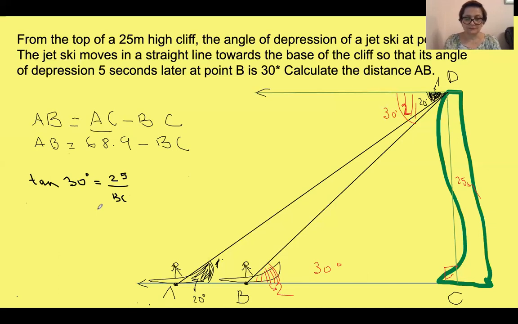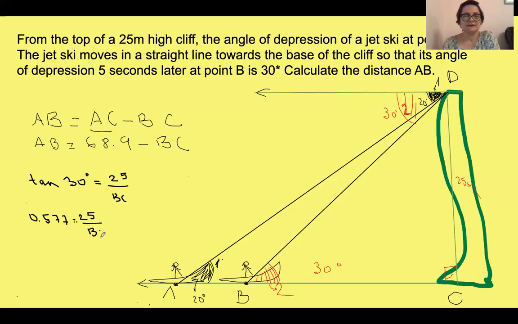Tan 30 is 0.577, rounded to 3 significant figures, so 0.577 equals 25 over BC.